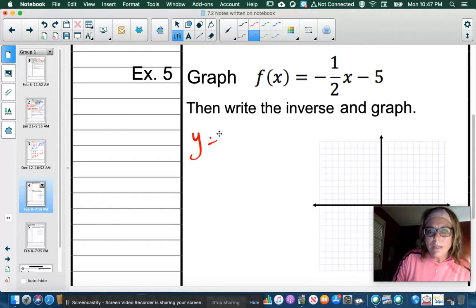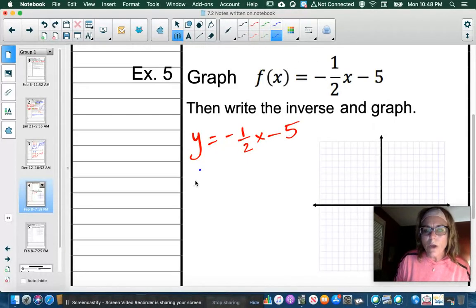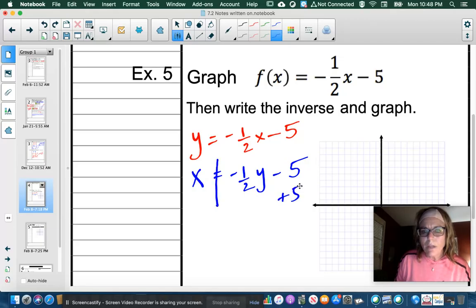Great. So let's find the inverse first. So y is equal to -1/2 x minus 5. We have to switch x and y. So now x equals -1/2 y minus 5. Solve for y. So we have to add 5 to both sides.